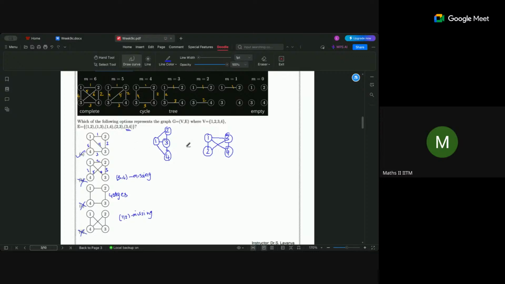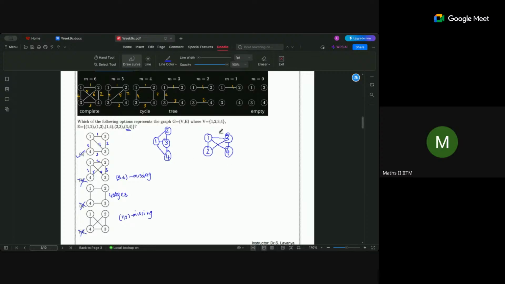So now what is the relation between this graph and this graph? It's also the same, I think. It's again the same, right? The same set of vertices and the same set of edges, right?